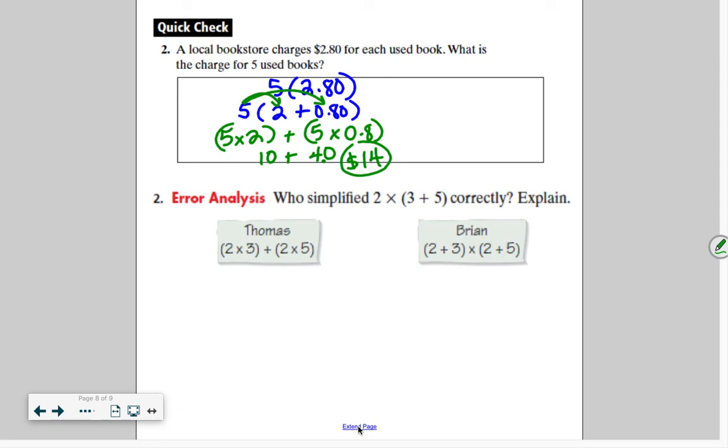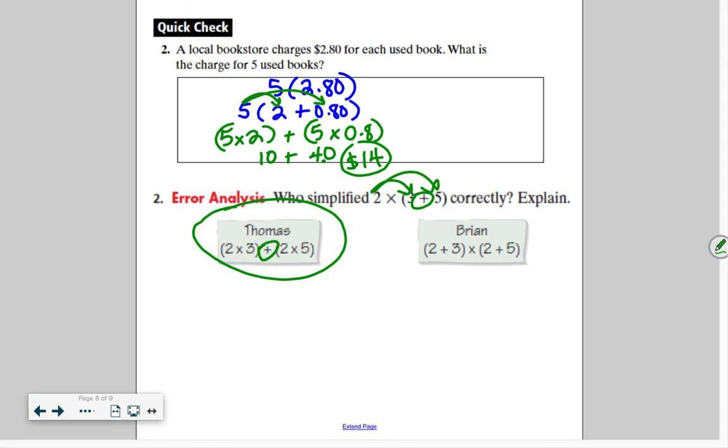Who's correct? Yes, Thomas. How do you know Thomas is correct? Because he multiplied. Yeah, it's 2 times 3 and 2 times 5, correct? So for the distributive property, there's an addition sign in between the parentheses, so there's an addition sign between the 2 products.